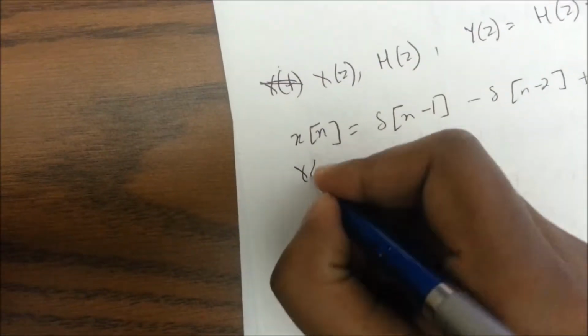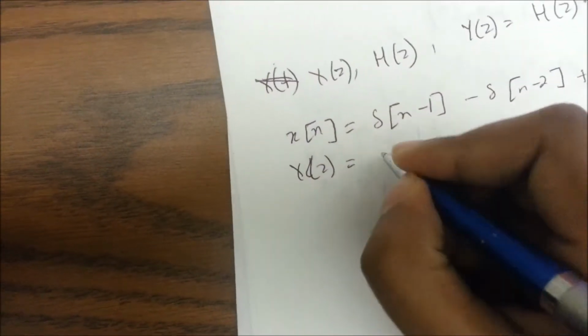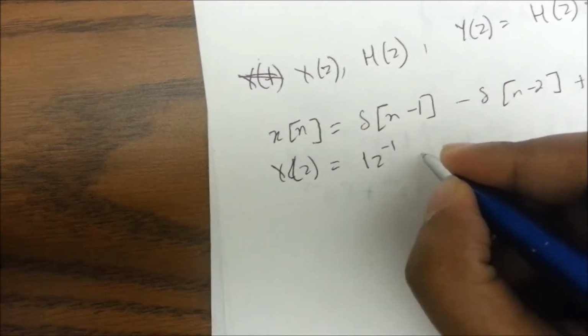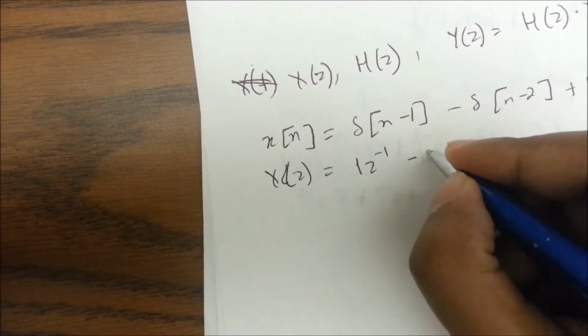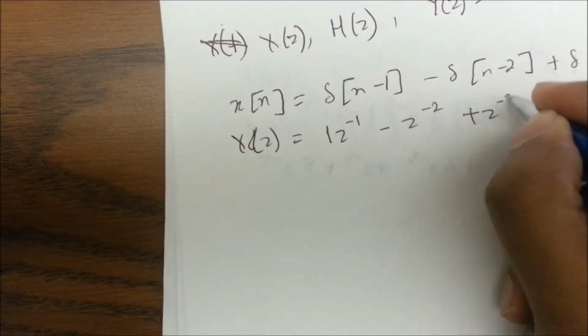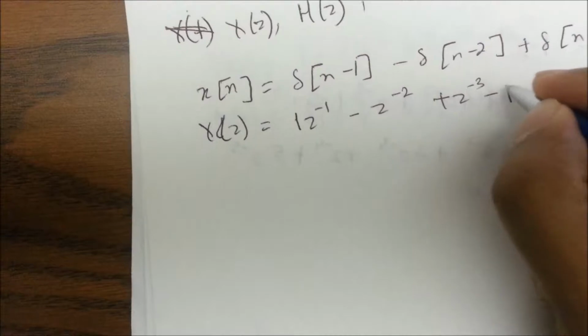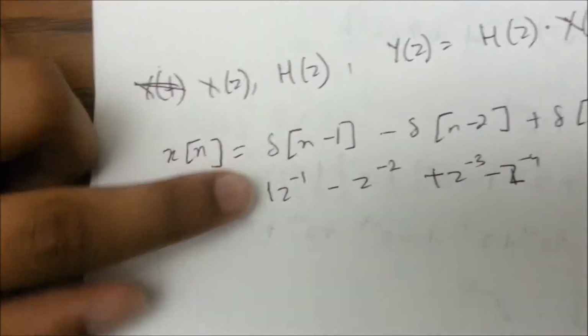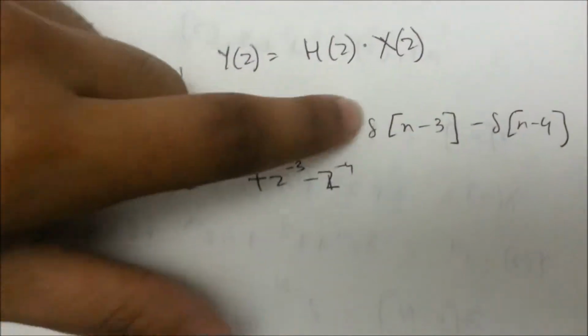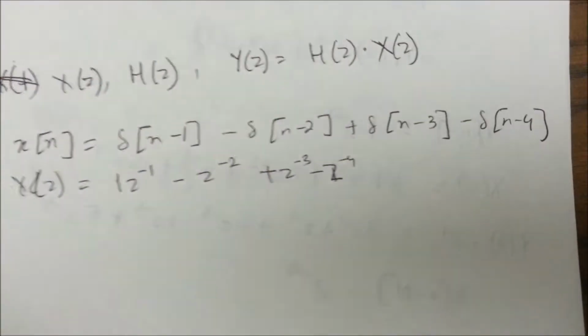If we convert this to the Z domain, again the coefficients match, and the time exponents are -1, -2, -3, -4.